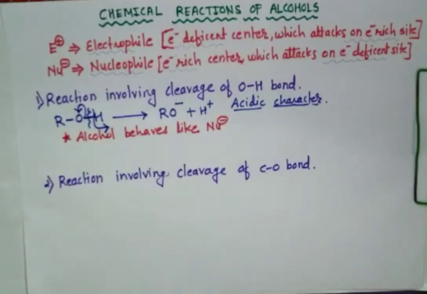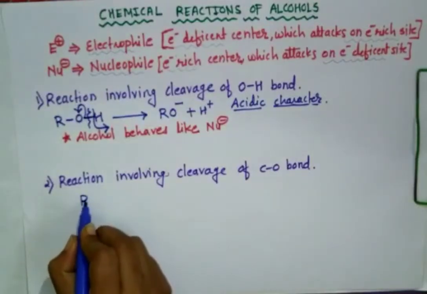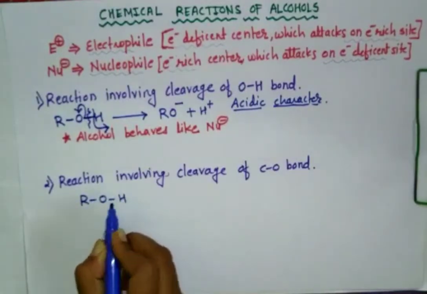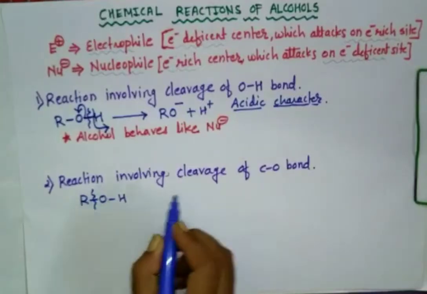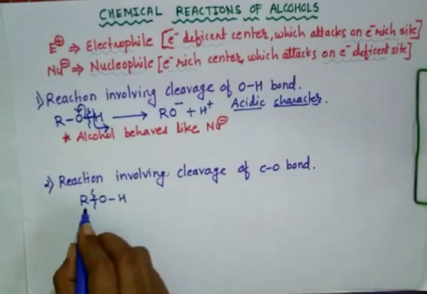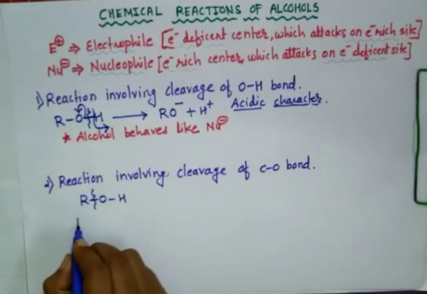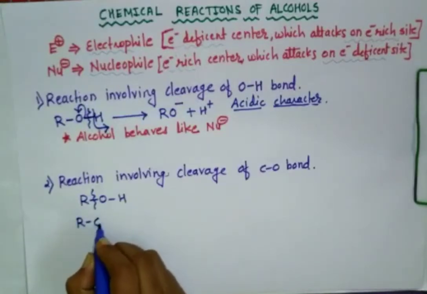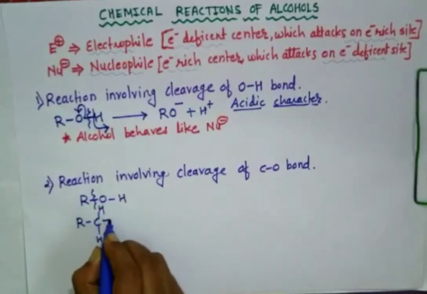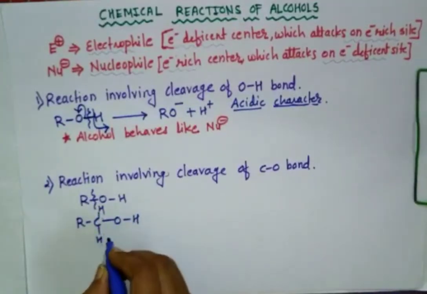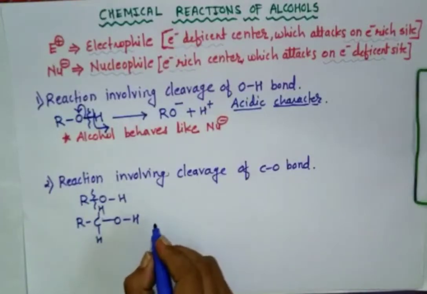When there is a breaking of the CO bond, we write the alcohol as ROH, where R is an alkyl group. If I take a primary alcohol, it will have these hydrogens and the OH group.